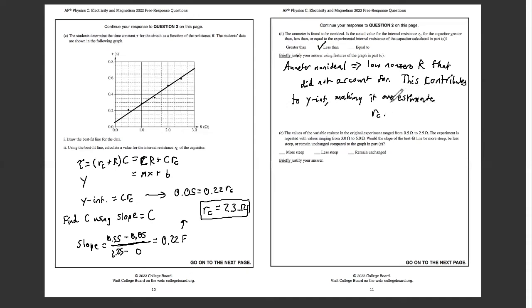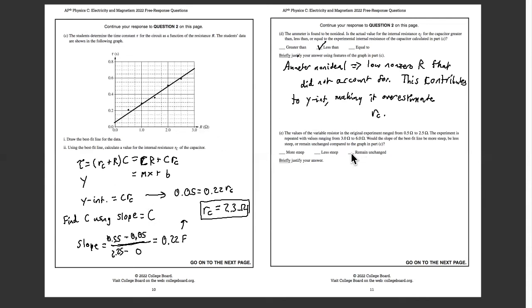So again, more of a graphical justification, which is a little bit strange, but in terms of elaborating on the physics, the ammeter is in series, and so therefore the time constant would have RC plus R sub A, or resistance of the ammeter. And so that would just increase the y-intercept a little bit more then.